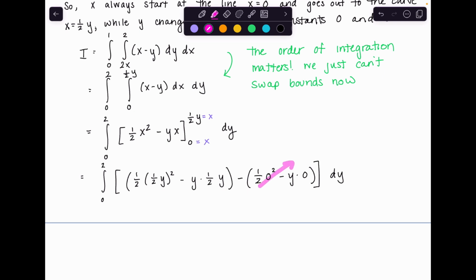So this one is thankfully gone. So I want to clean this up a little bit first. You've got 1/2 squared, that's 1/4, times 1/2, that gives you 1/8, and then y squared. Here, that gives us minus 1/2 y squared.